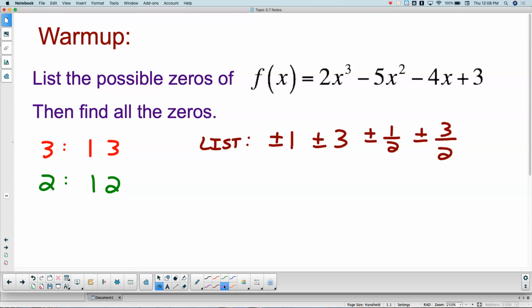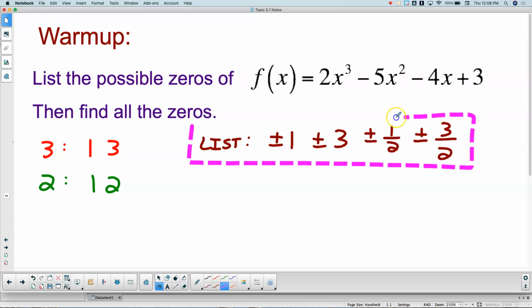Then it asked us to find all of the zeros. So let's find all of the zeros then. Let's go with 1 probably first. Anybody try 1 yet? Did anybody find a 0 yet? 3? Positive 3? Yep. Okay.